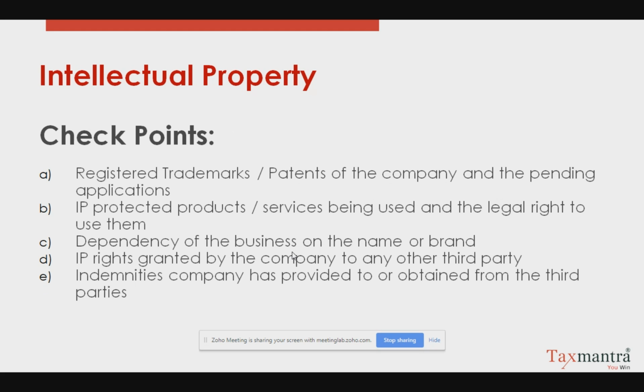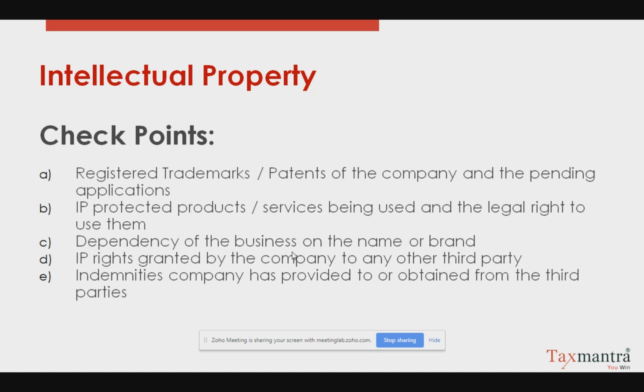This is a very practical experience I am talking about, which happened very recently. The company was penalized with a huge sum. So had there been a legal right to use the IP protected brand, there would not have been this issue for the company and the founder.